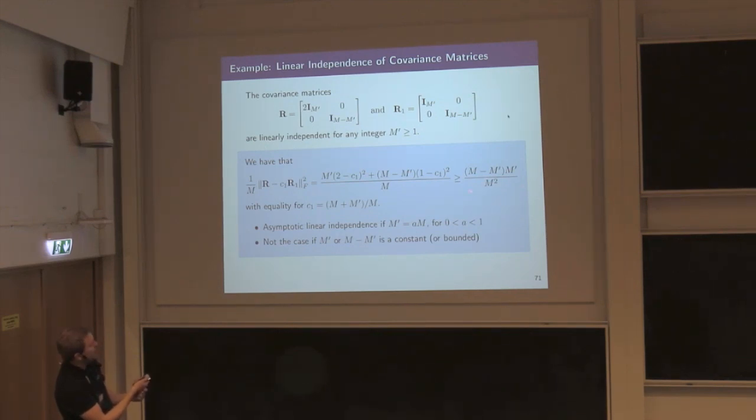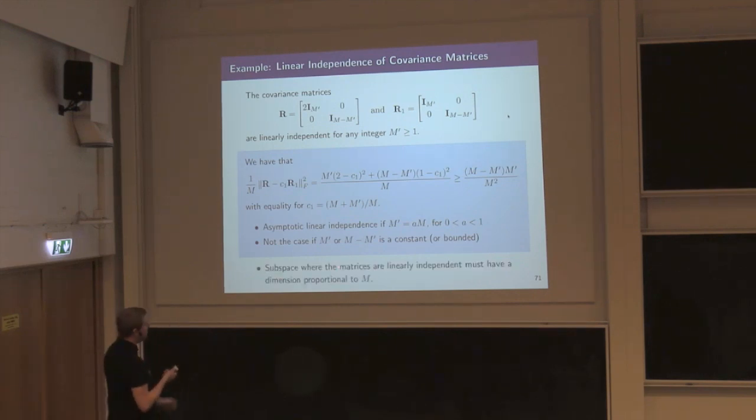So then we have something that is constant, and you can work out here, you get 1 minus a times a. That's what it's going to become. And in that case, this is not depending on m anymore. And now we get something that is linearly independent. So we can see here, the subspace where the matrices are linearly independent must have a dimension that is proportional to the number of antennas. That is what it really means.